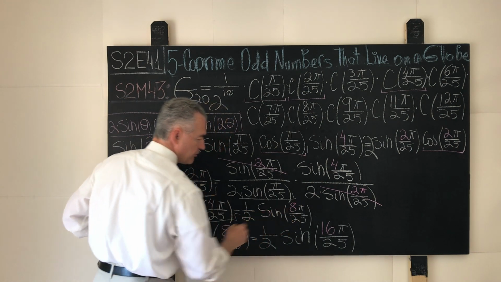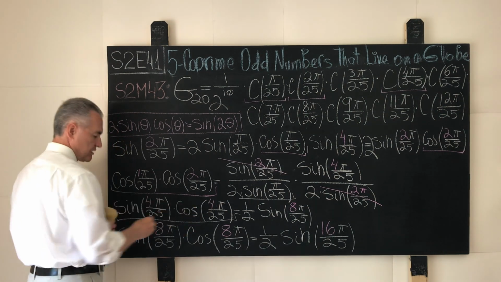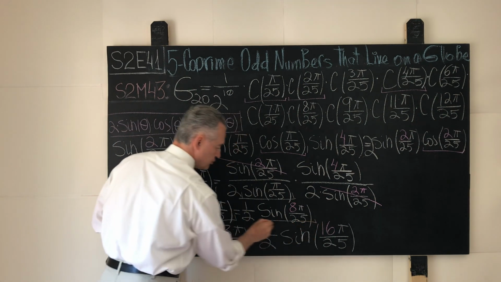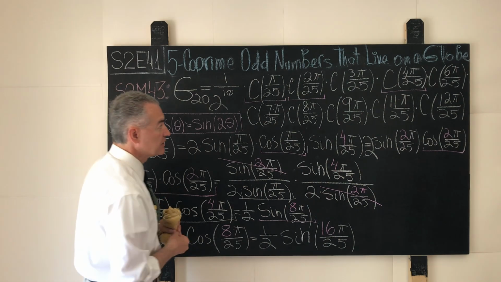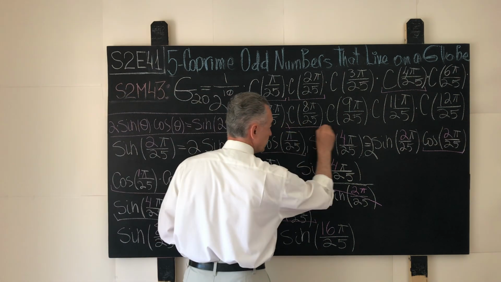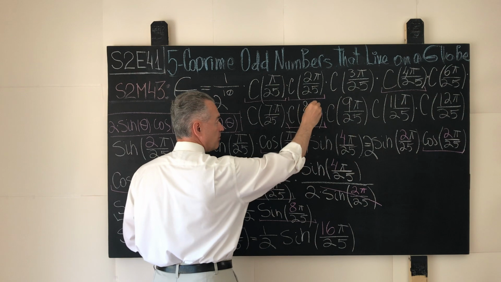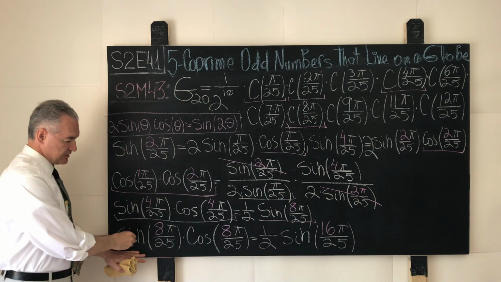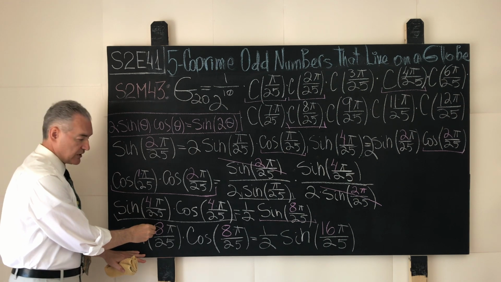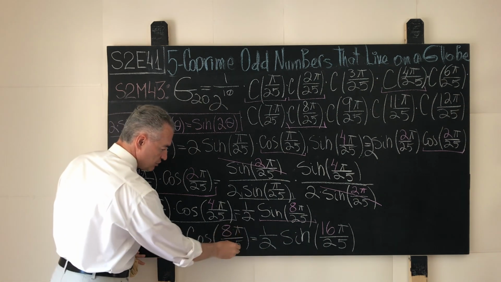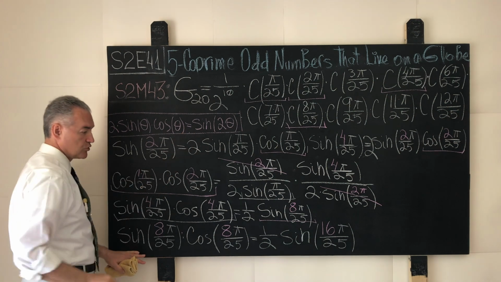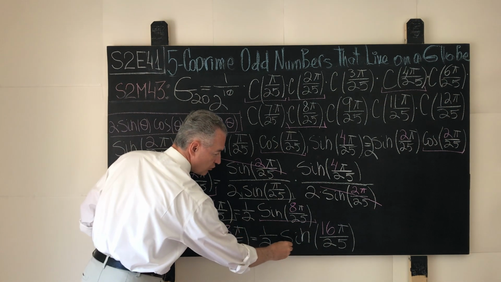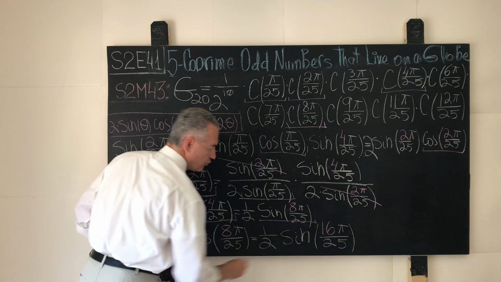So now 8 pi pops out. And this sine of 8 pi over 25 happily collides with this cosine over here, cosine of 8 pi over 25. And again, according to our formula, the sine of 8 pi over 25 times the cosine of 8 pi over 25 is what? 1/2 of sine of 16 pi over 25.